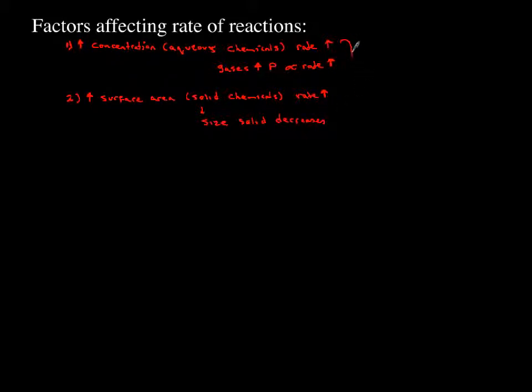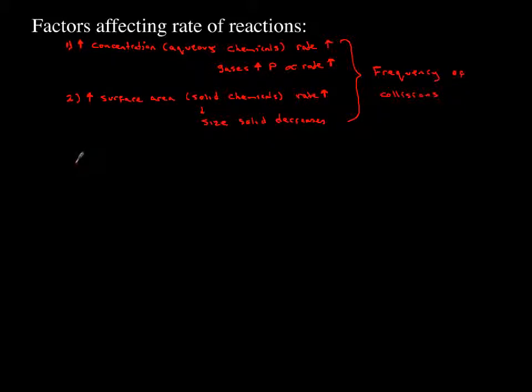Now these two variables or factors, these are what play with the frequency of collisions. The more particles you have in a crowded beaker, you would have more collisions. Frequency of that goes up, the rate goes up.